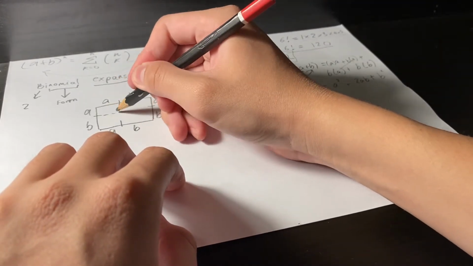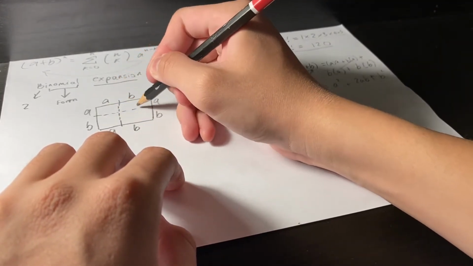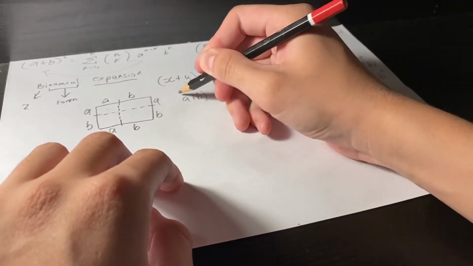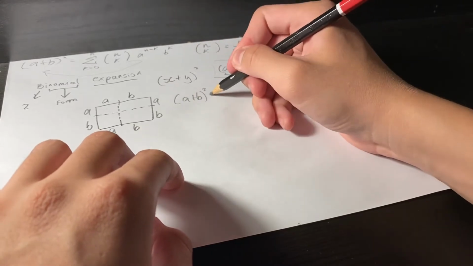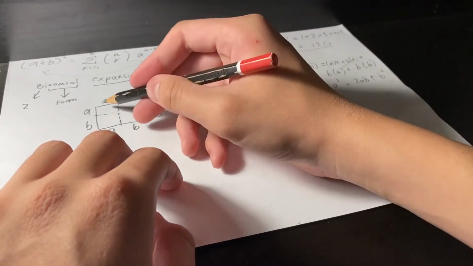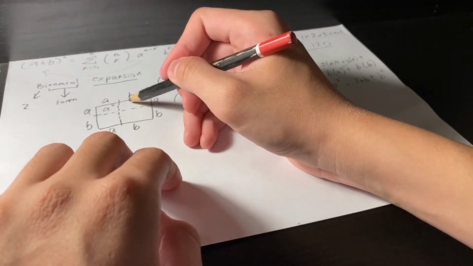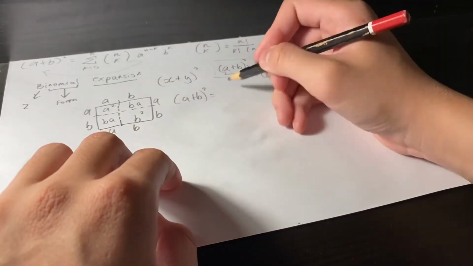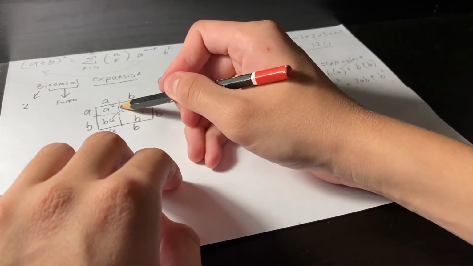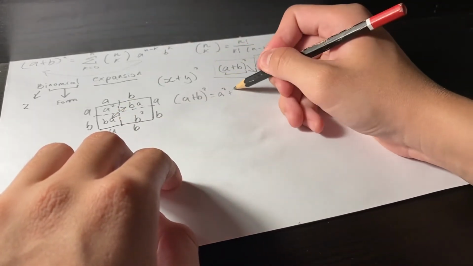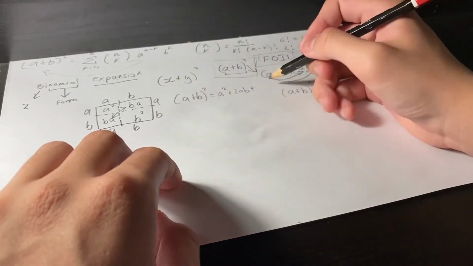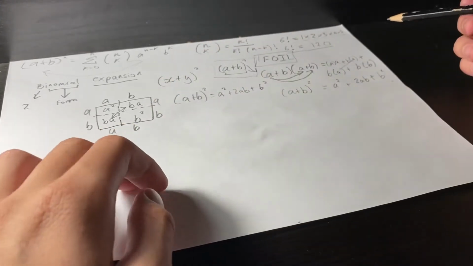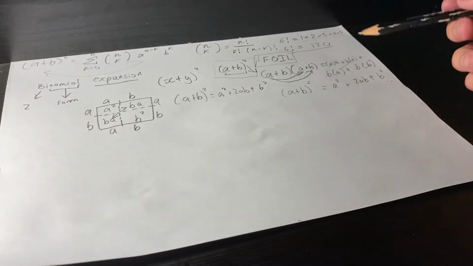And that results in this. The area of (a plus b) times (a plus b), which is (a plus b) squared, is equal to a squared plus ba plus ba plus b squared, which is a squared plus 2ab plus b squared. Wow, we proved FOIL. FOIL works. FOIL is very useful.